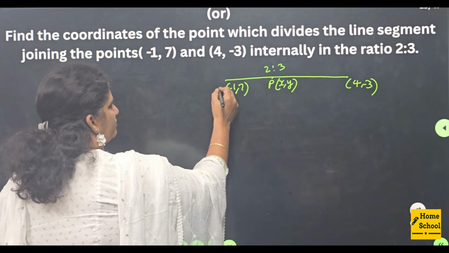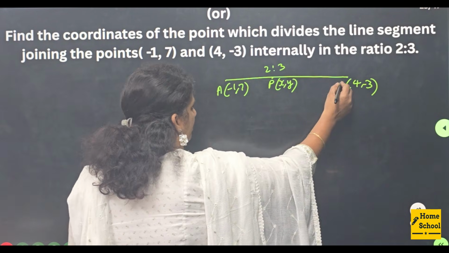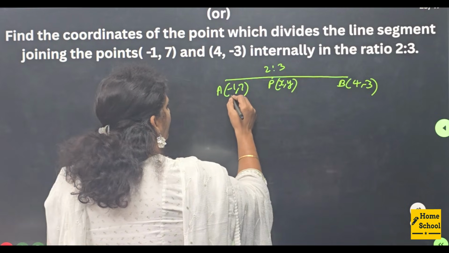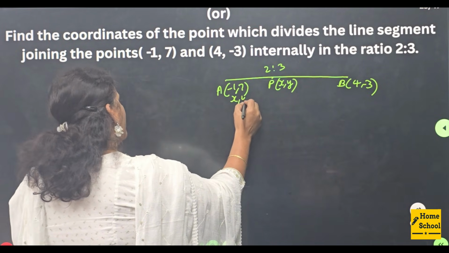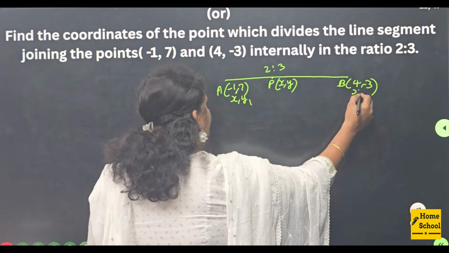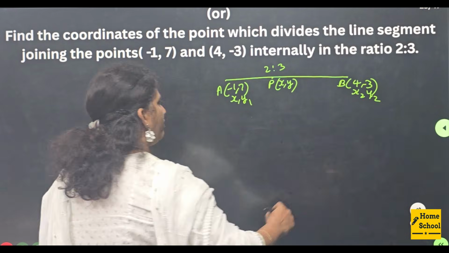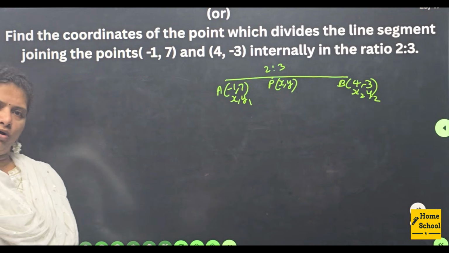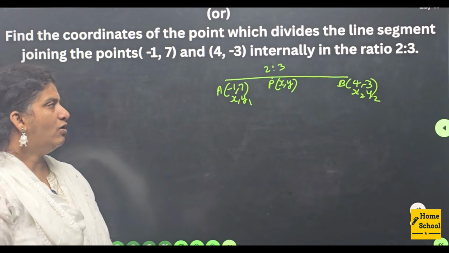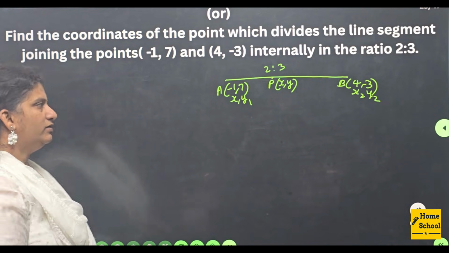So let us assume this coordinate as A, this coordinate as B. And this one x1, y1, x2, y2. By using the section formula, we can find the point of division.